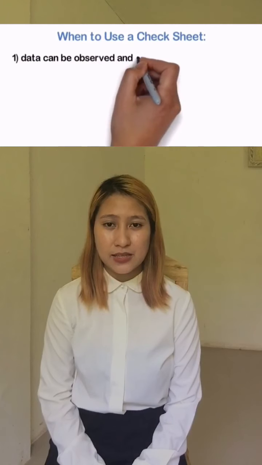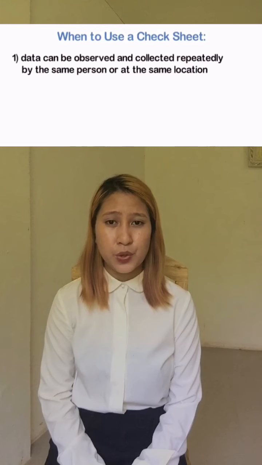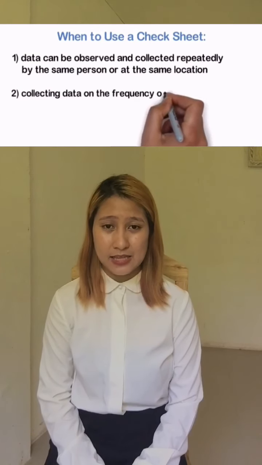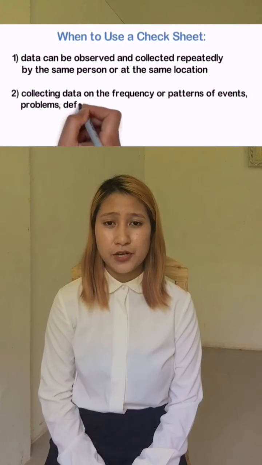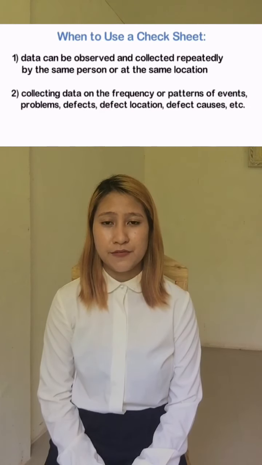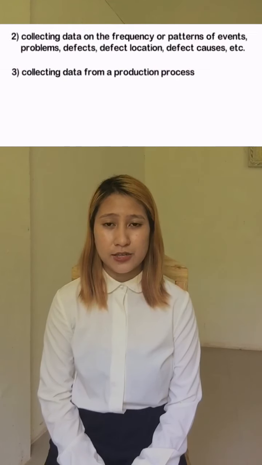First, when data can be observed and collected repeatedly by the same person or at the same location. Second, when collecting data on the frequency or patterns of events, problems, defect locations, defect causes, etc. Third, when collecting data from a production process.